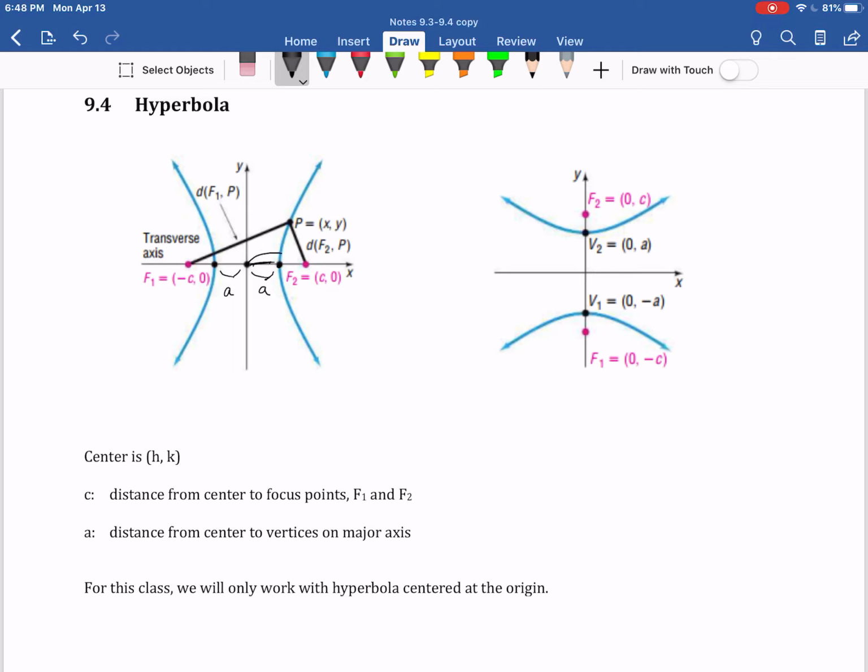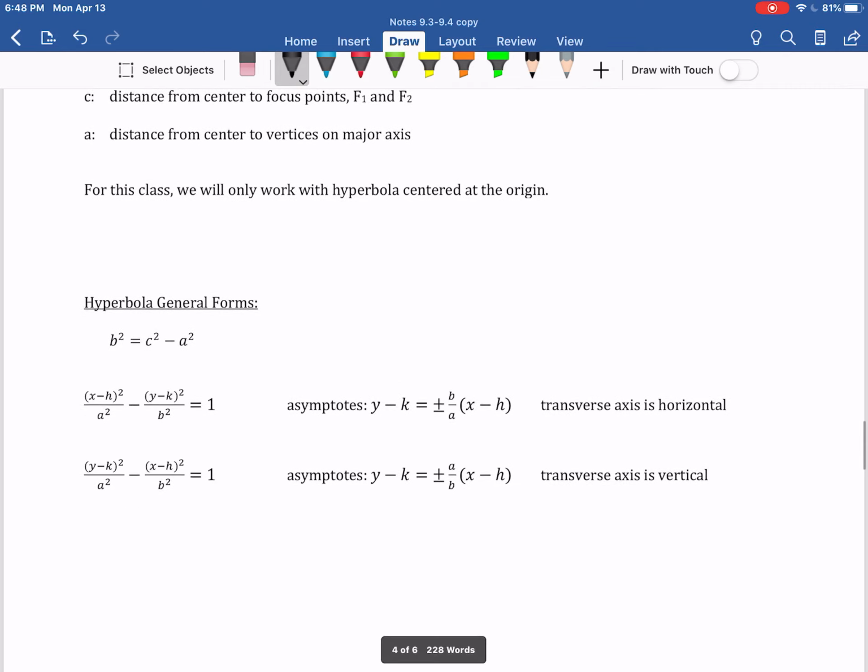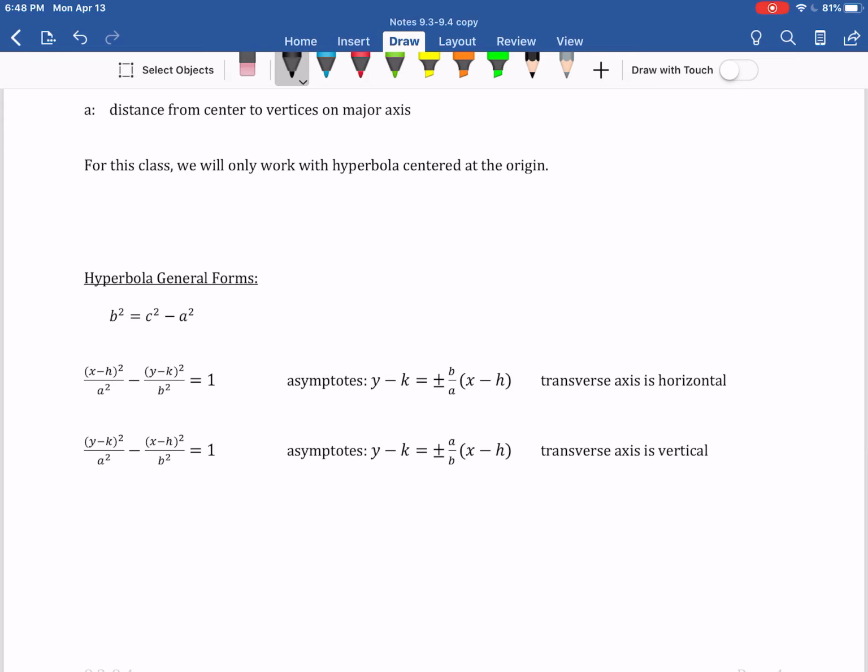C is all the way over to here. So that distance would be c. And now you can see pretty quickly that the value of c is bigger than the value of a. The value of b does not show up on that graph anywhere that you can see. The value of b is useful to find the equation of the asymptotes that we'll get to.